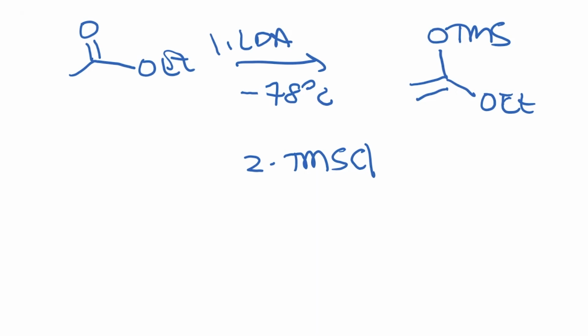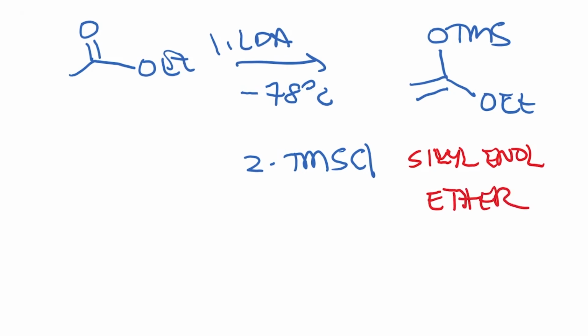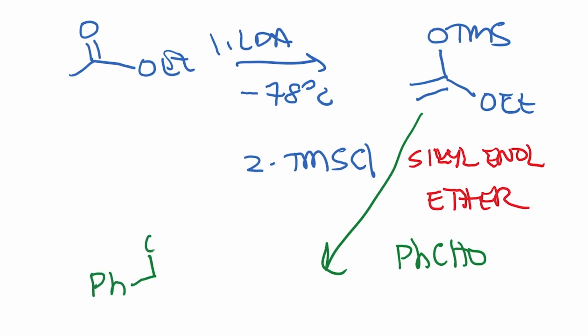So this is your silyl enol ether of the ester. Now you add your benzaldehyde, PhCHO, and you get this as the product.